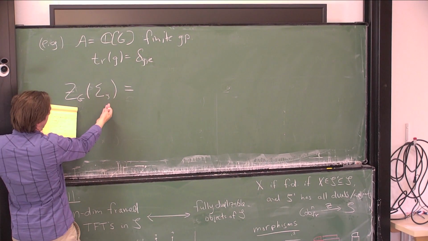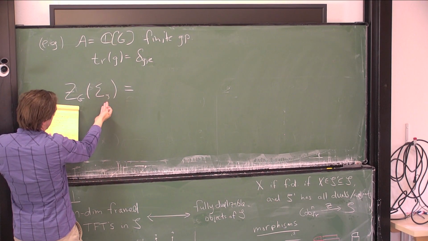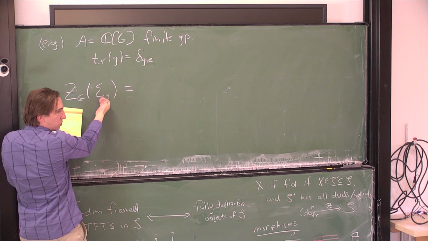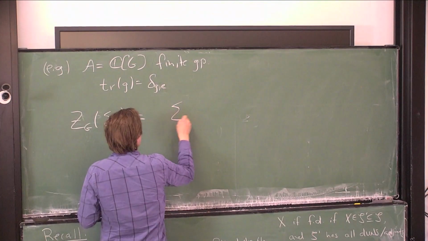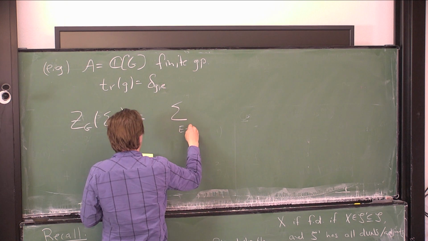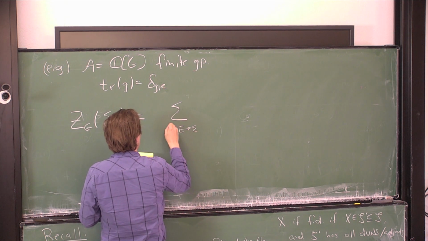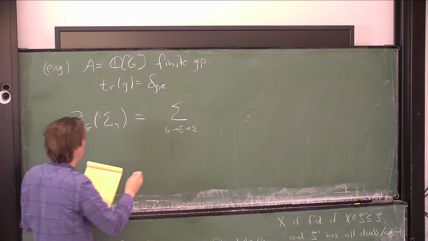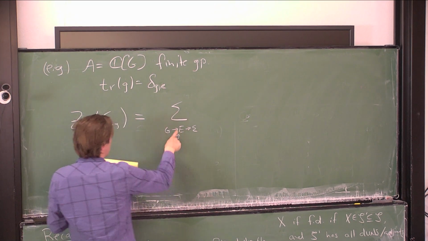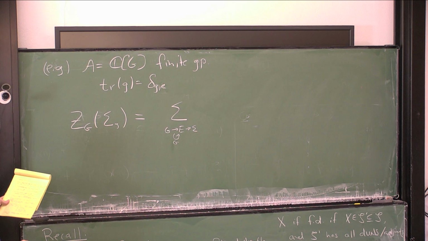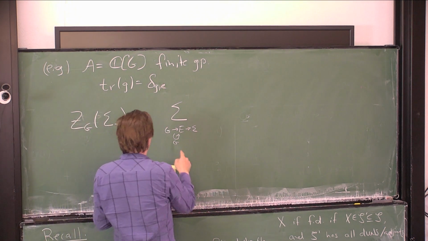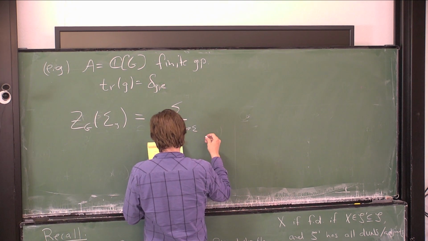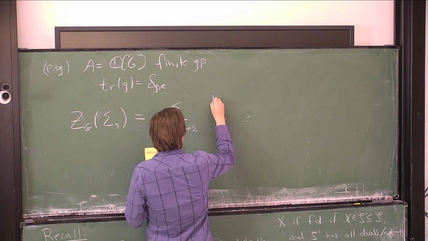So, right, I've told you now we've got a fully dualizable, we've got a TFT, it's an oriented two-dimensional TFT. The question should be, what does it do on surfaces? And it's very nice. So it's the sum of what are called principal bundles with group G. So this is just my notation for a principal G bundle. Here G is finite, so if you like, it's just a topological cover of sigma with fundamental group G. And I'll write this in two ways.